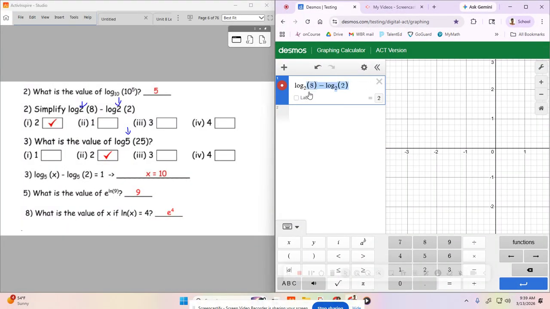Next one, what is log subscript 5, and then in parentheses 25. I get 2 again.